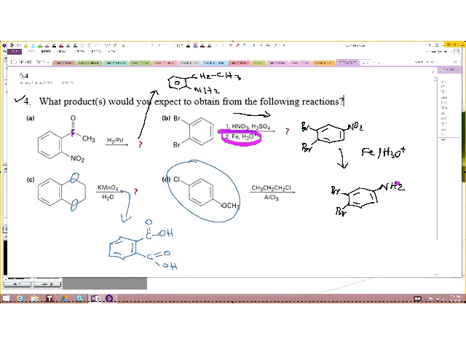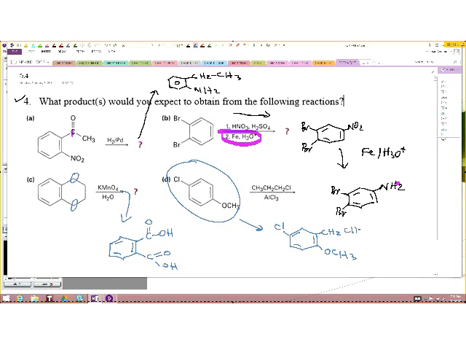The methoxy, because the methoxy is a greater activator than the chlorine. So I will expect the alkyl group to come to this carbon here. So the methoxy takes over the direction of this reaction, and therefore we have this here.